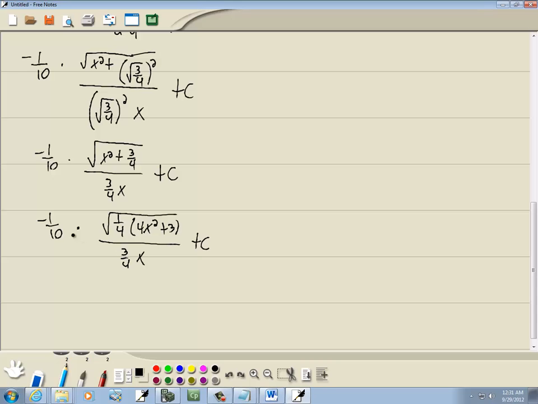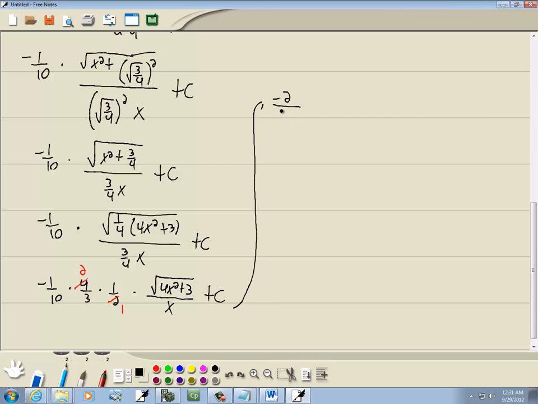I got a single fraction downstairs. I can flip it and multiply it times the top part. So we've got 1/10 times 4 over 3. And I'll bring that 1/4 out as a 1/2. Times, then the square root of 4x squared plus 3 over x plus c. This 4 and this 2, that becomes 2, this becomes 1. So we end up with negative 2 over 30. I guess that reduces more, doesn't it?